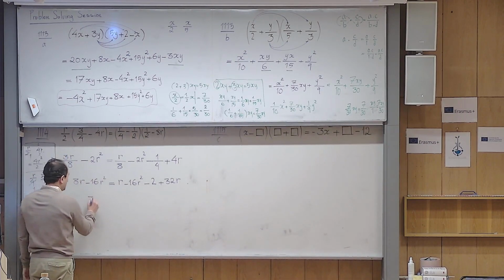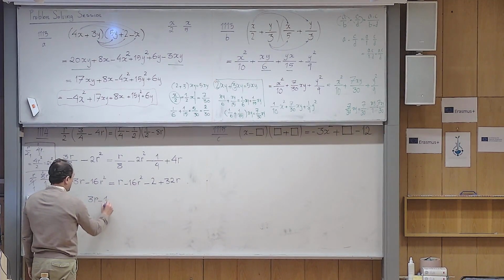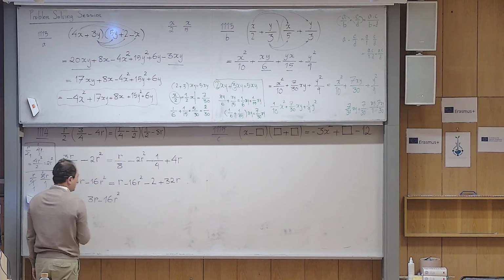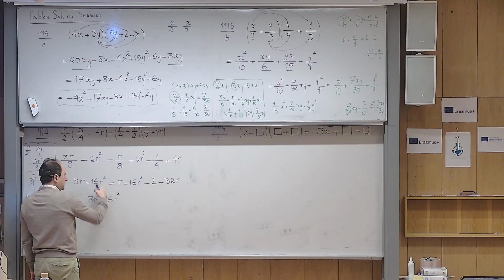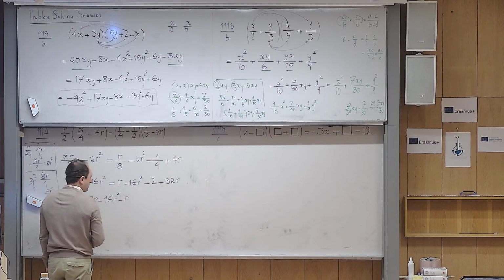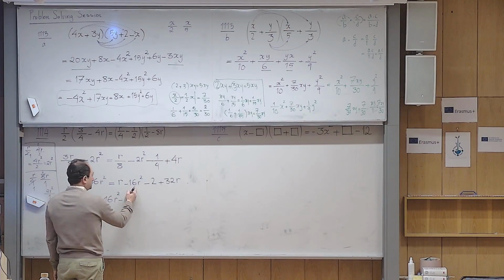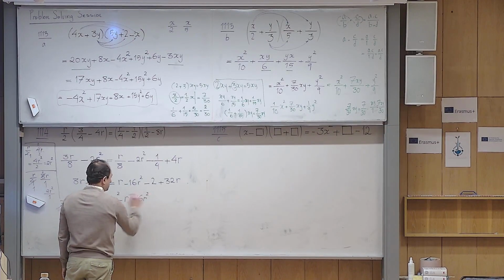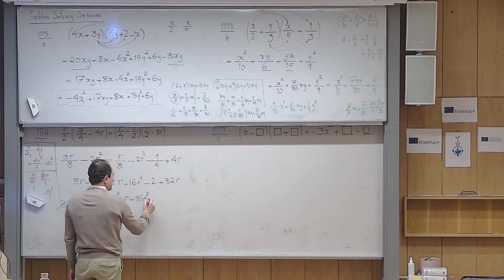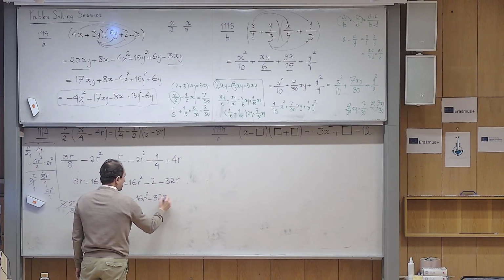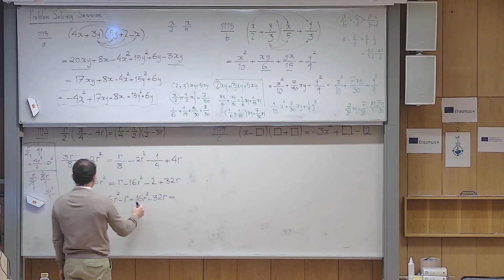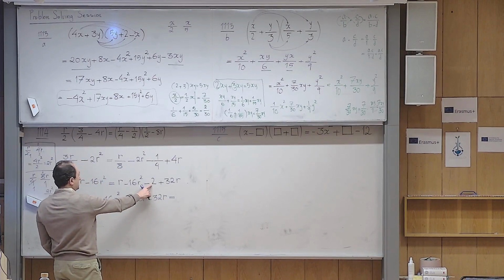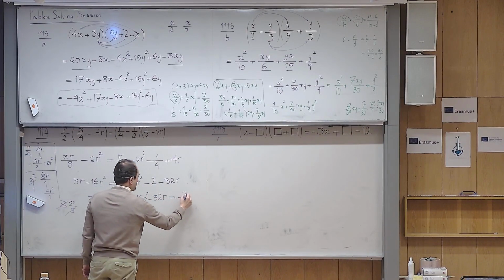So 3r is already there. Minus 16r squared is already there. I move this r to the left, it becomes minus r. And then I move this one to the other side, it becomes plus 16r squared. I move this to the left side, minus 32r. And then on the right hand side, I have just one single number, minus 2 left.